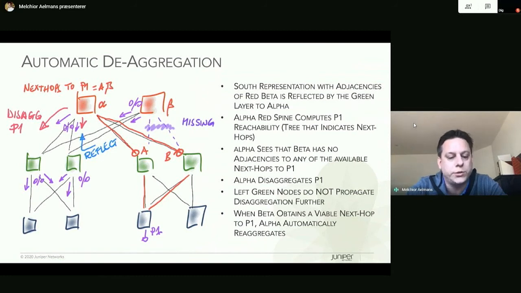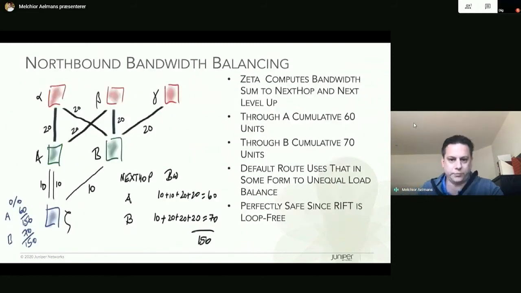In other words, P1 is now advertised by alpha as a more specific, and so it will automatically attract the traffic for P1. Another thing which is quite unique for Rift is that it can do unequal path load balancing.